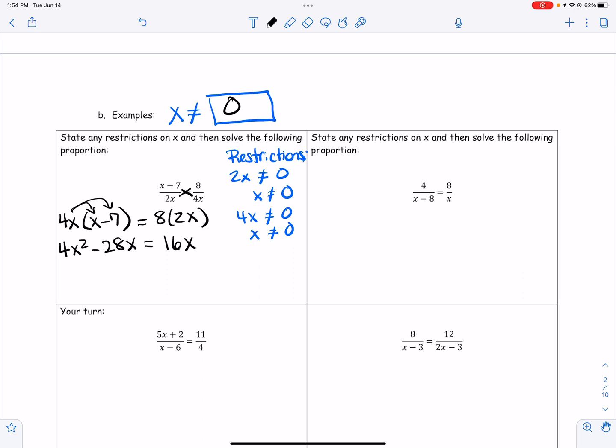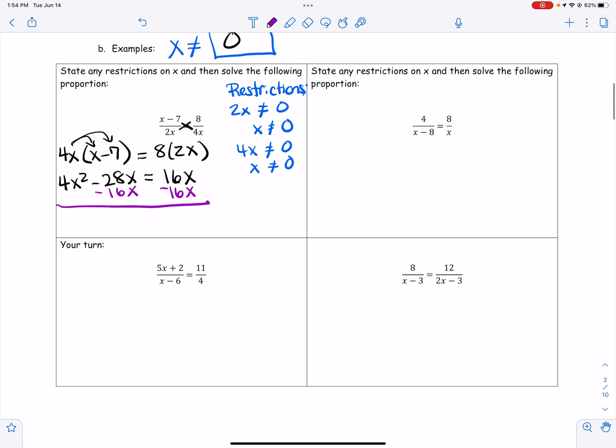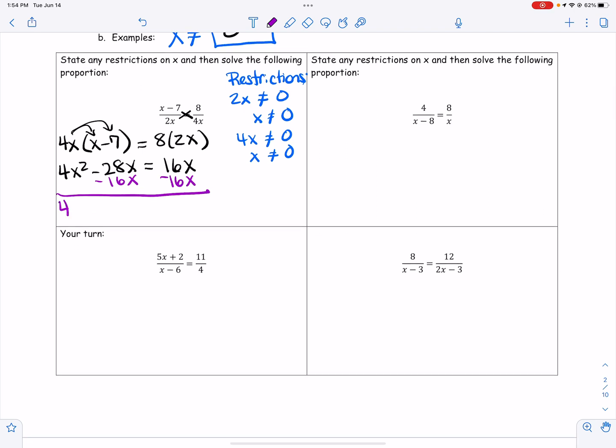Since I have a quadratic, I know the way to solve quadratics is to set it equal to 0. So I'm going to subtract the 16x. Now I get 4x squared minus 44x equals 0.